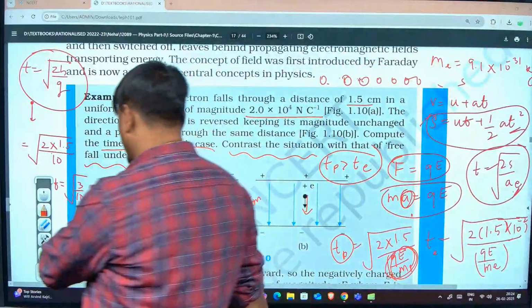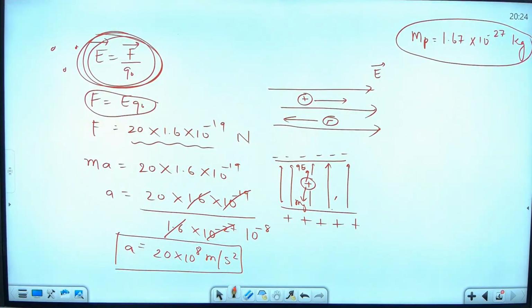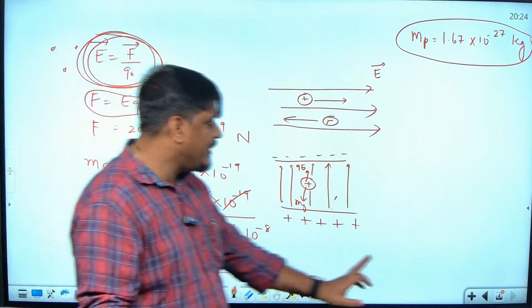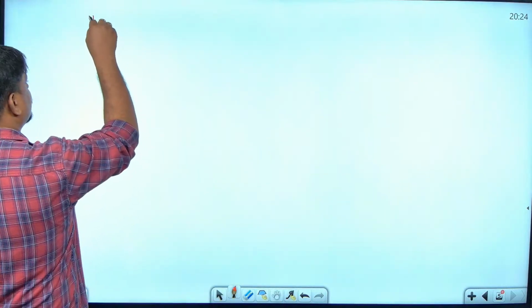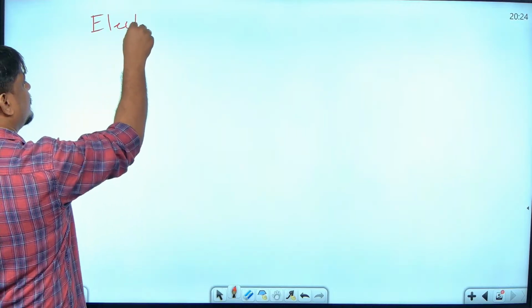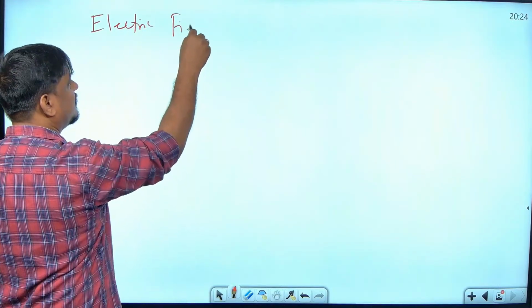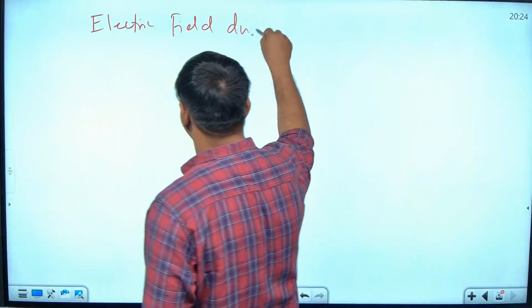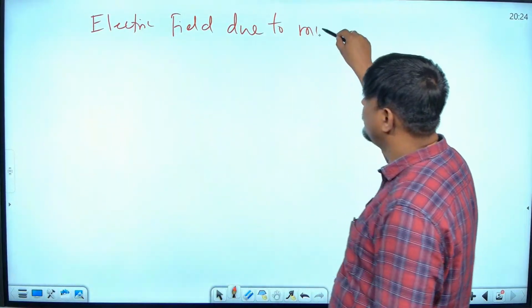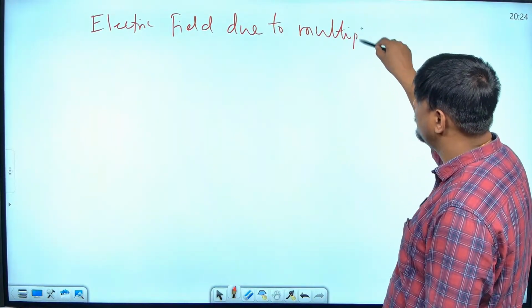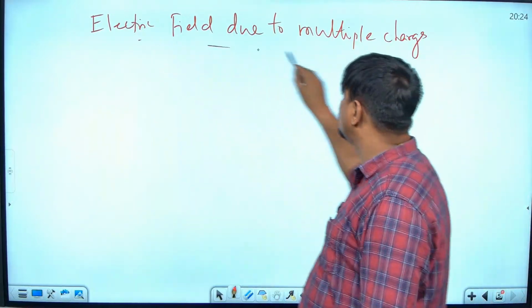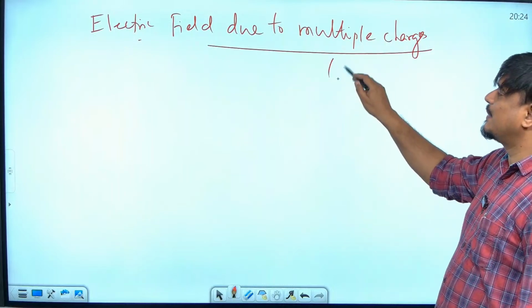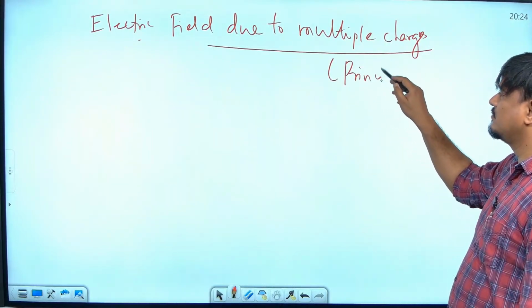We are very slow. Next concept is electric field due to multiple charges. Give the heading as... It is also called the principle of superposition.